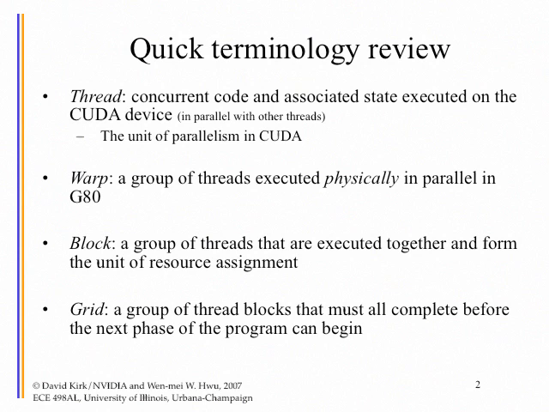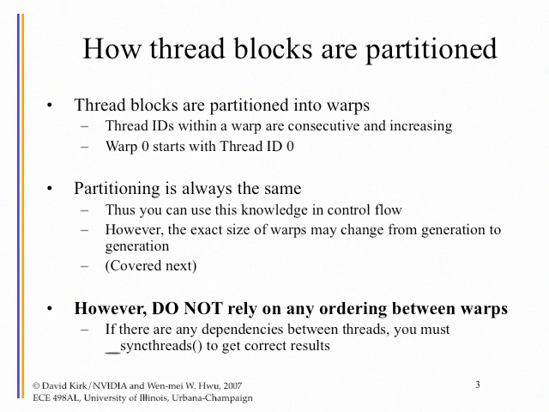Okay, so that leads to the resource utilization issues. So how are the thread blocks partitioned? This is just a summary. Thread blocks are partitioned into warps, with 32 threads in a warp. And the thread IDs within a warp are always consecutive. This is something you can depend on even into the future.